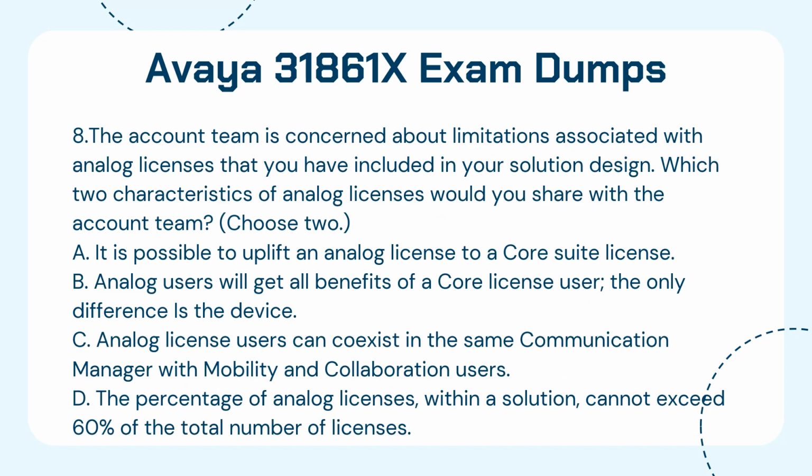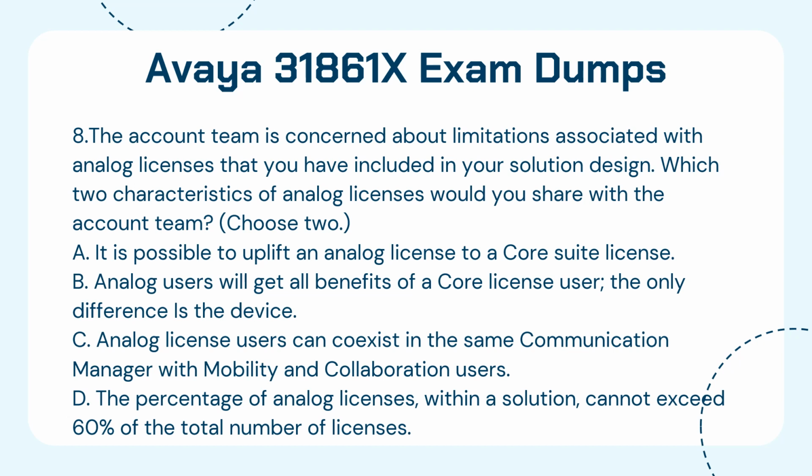8. The account team is concerned about limitations associated with analog licenses that you have included in your solution design. Which two characteristics of analog licenses would you share with the account team? Choose 2. A. It is possible to uplift an analog license to a core suite license.